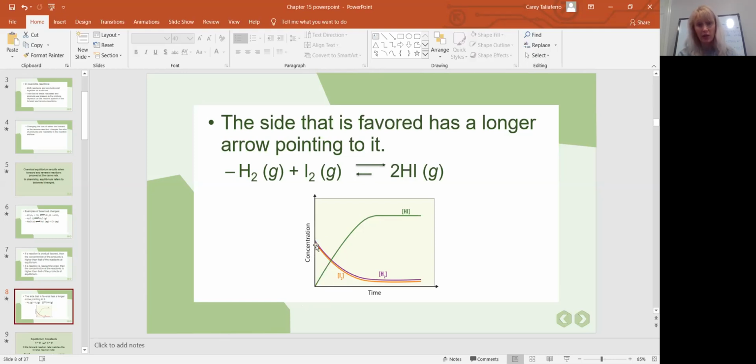They react together, and as they react together over time, you start to make your product and the concentration of the product increases. And then once you establish equilibrium, there's still some back and forth, but it's favored to where you're going to end up with a higher concentration at equilibrium of your product than you would of the reverse reaction.